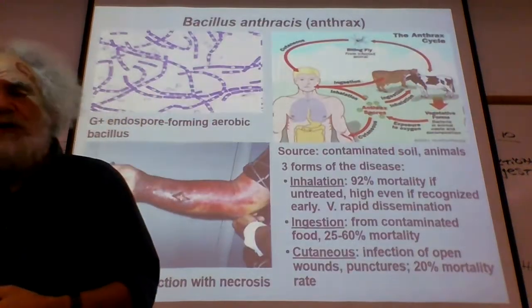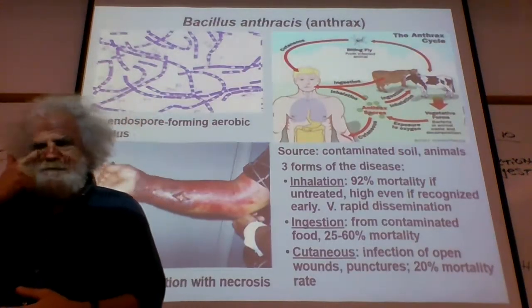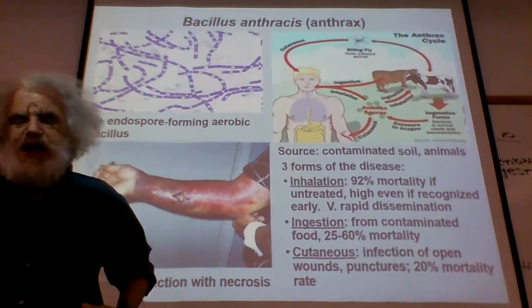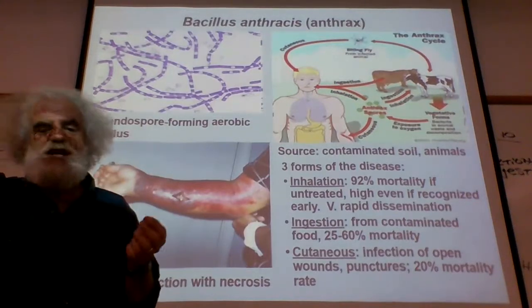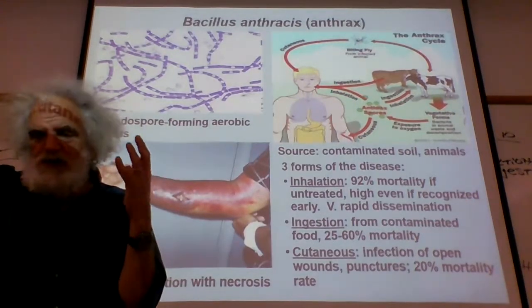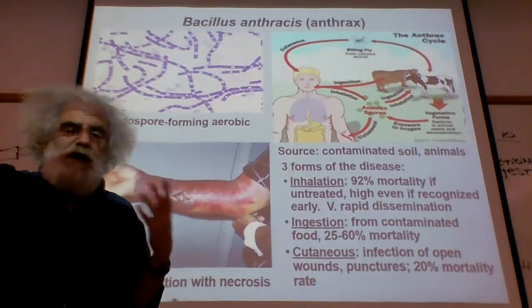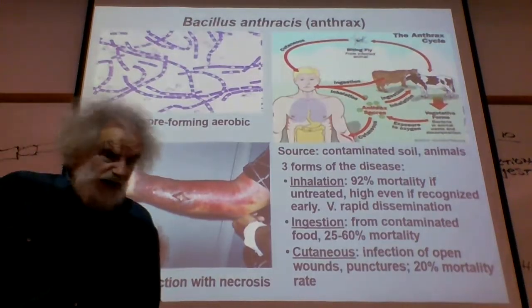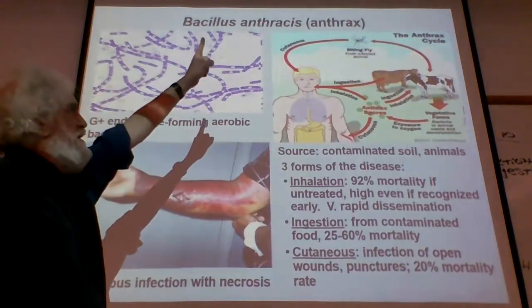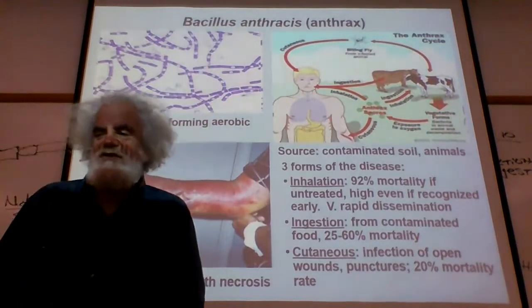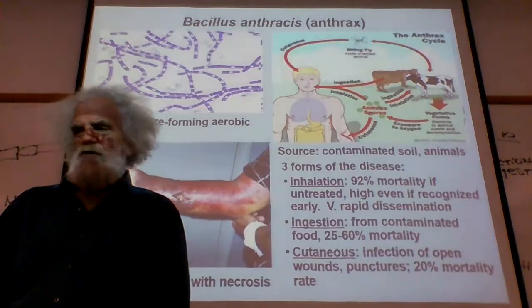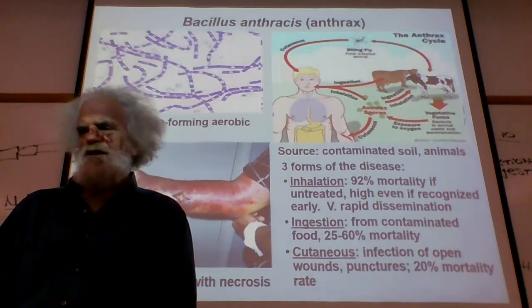To start with, a standard kind of infection that can happen if you scrape yourself in soil, particularly on a farm, something you've heard of before, is anthrax, Bacillus anthracis.